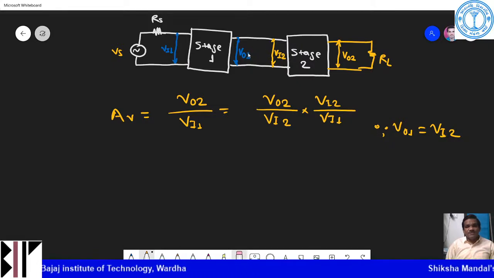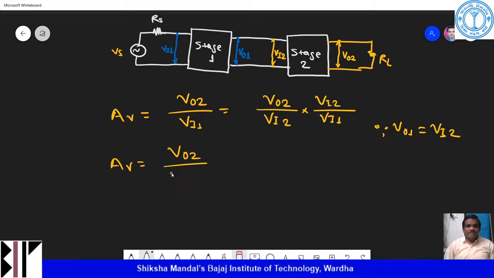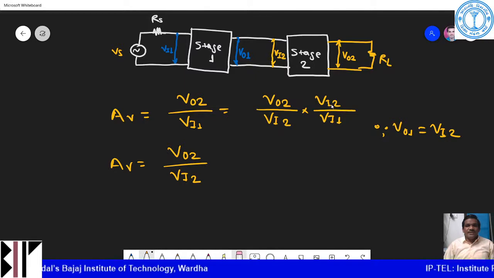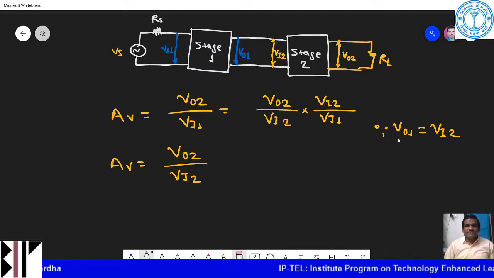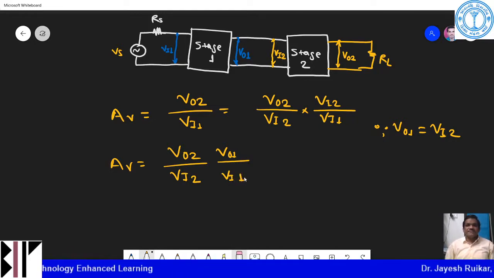So how do I write it now? The voltage gain AV is VO2 divided by Vi2, and I can replace Vi2 with VO1, because both are the same, so I rewrite it as VO1 divided by Vi1. This is the multiplication factor.